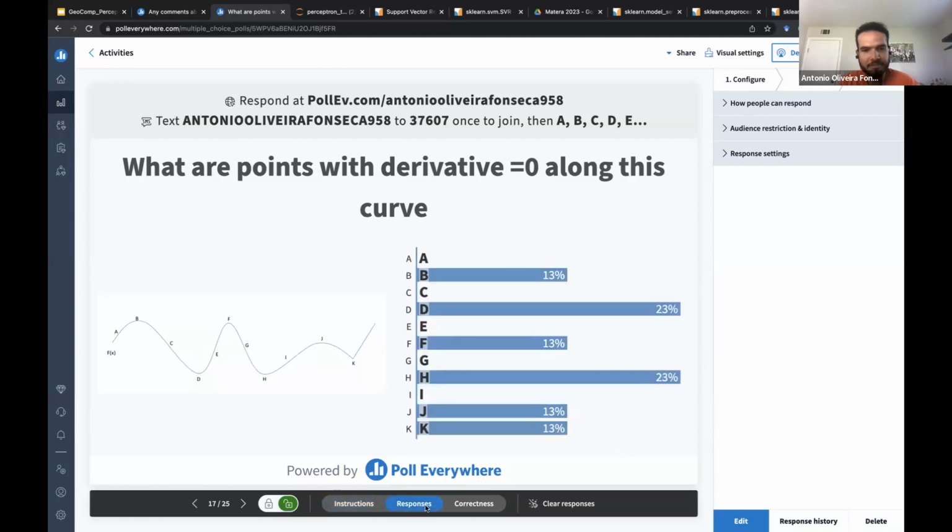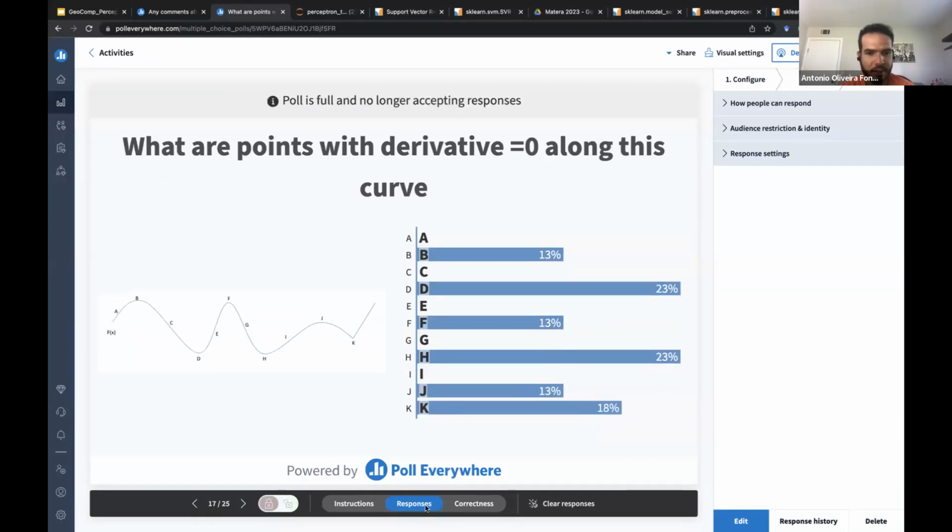All right, let's see. Most people recognize D as being a point equal to 0. A lot of people recognize H as being a point equal to 0. I got several B's, F's, and K. Very interesting. Okay, so let's discuss that. The people who voted for D and H being equal to 0, you're correct.